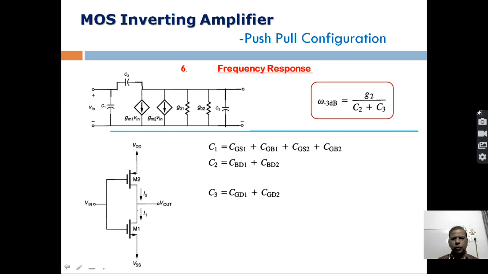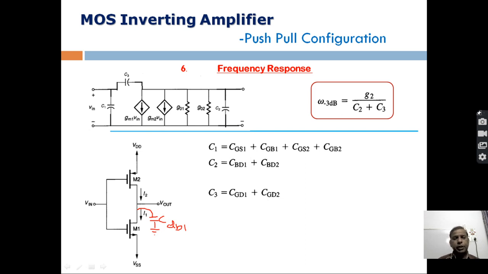The drain of this MOS is connected to ground through some capacitive component, and we remember from our device physics knowledge that the drain is connected to ground through one particular capacitance, and that capacitance, remember, was the drain bulk capacitance of the first device.